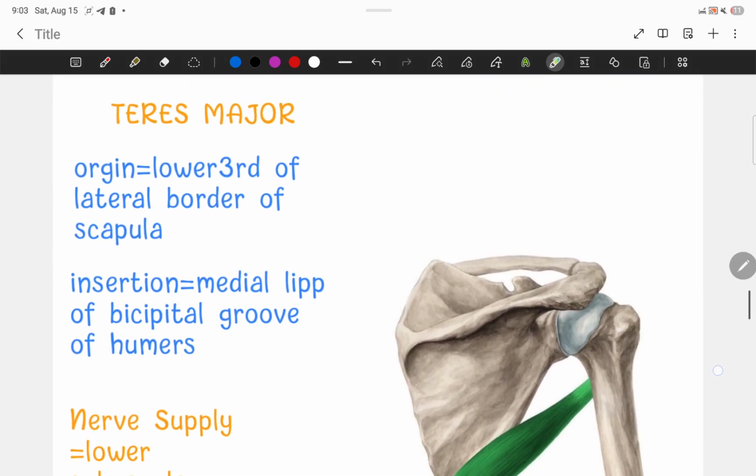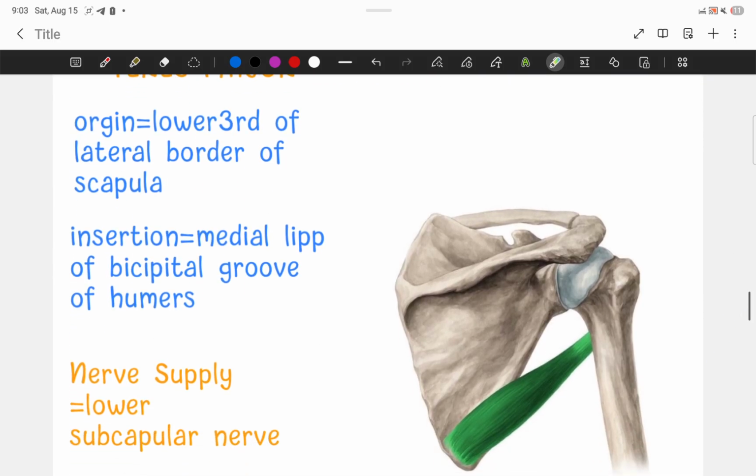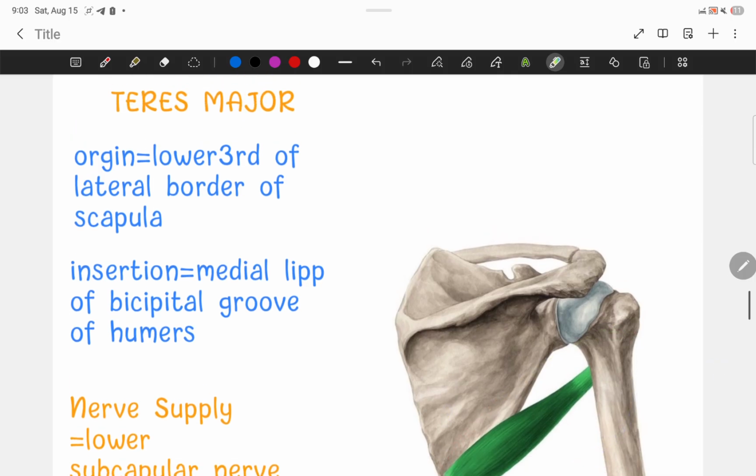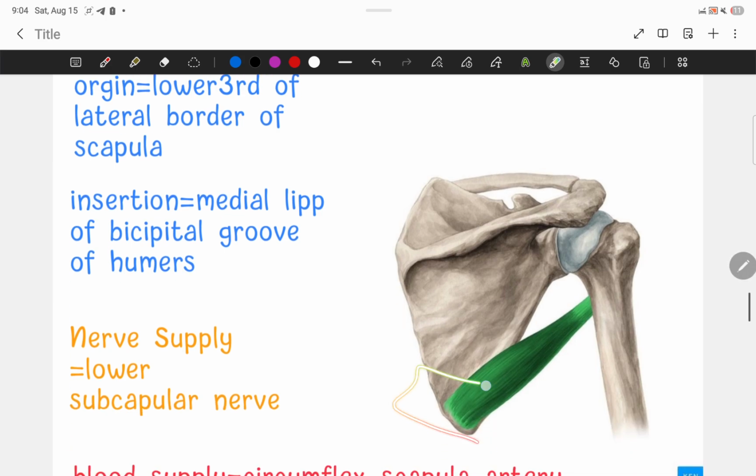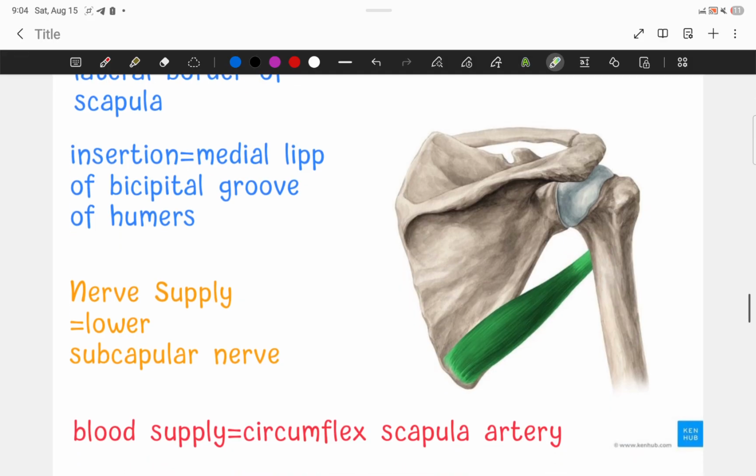And another muscle is the teres major, the major one. The origin is the lower third of the lateral border of scapula, lower third. And insertion is the medial lip of bicipital groove of humerus. Nerve supply is the lower subscapular nerve.